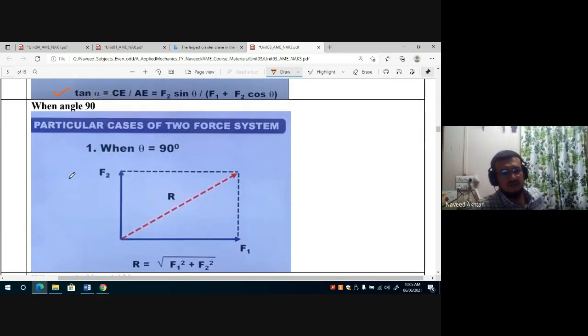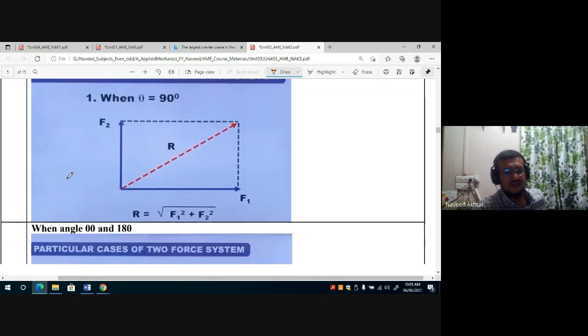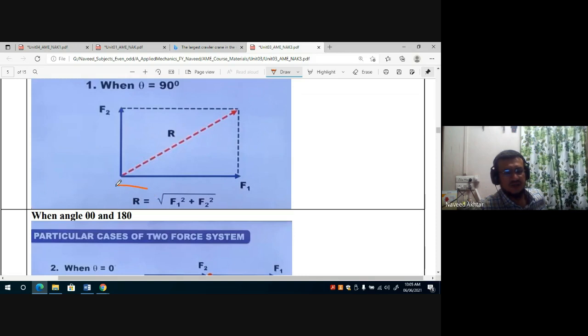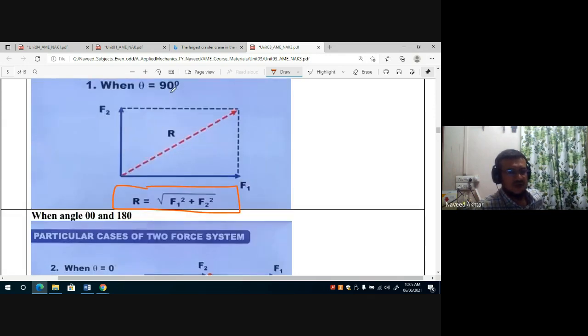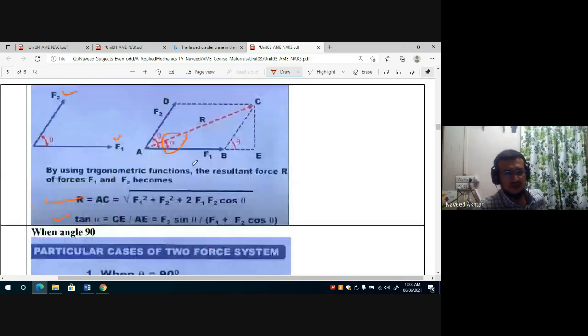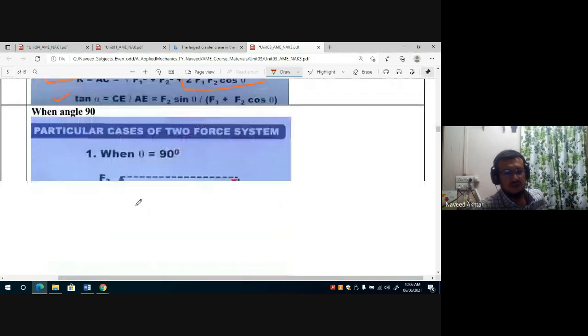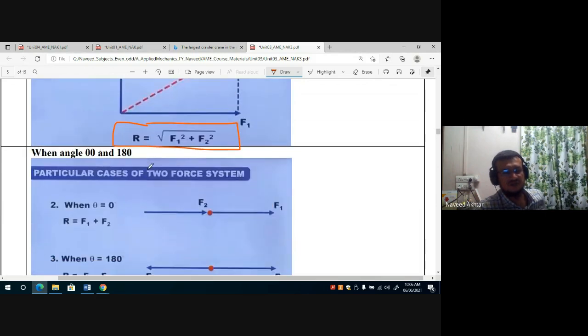Then the special cases of the forces: if the angle is 90 degrees, then the resultant will be the square root of F1 square plus F2 square, because cos 90 is 0, so this term will be 0, and only F1 and F2 are left. That's why when theta is 90 degrees, the resultant will be the square root of F1 square plus F2 square.